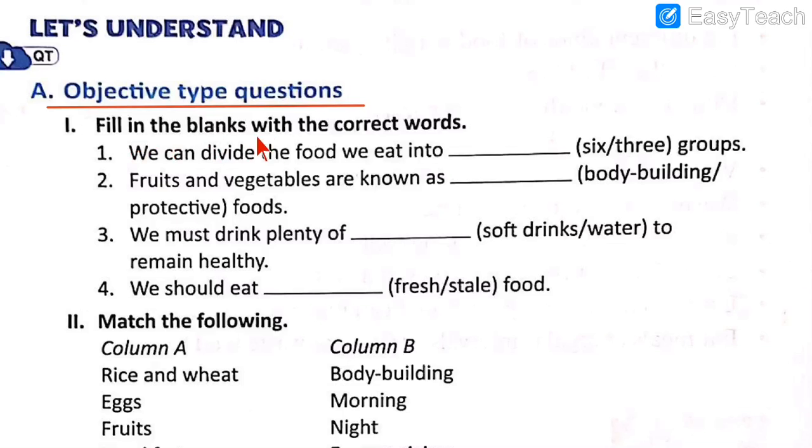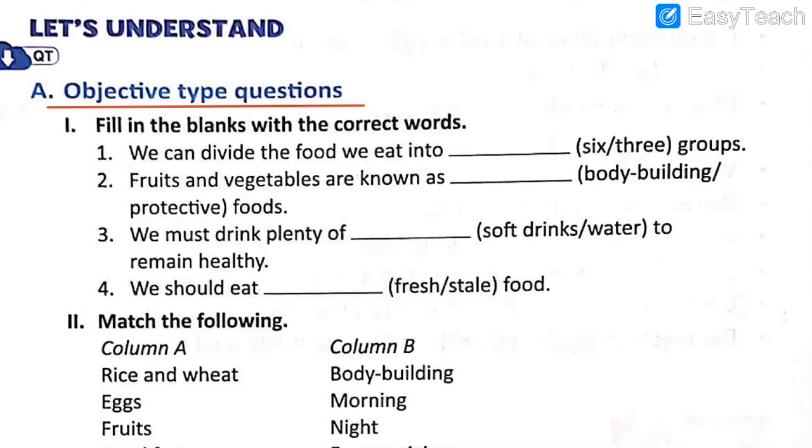Number 1, fill in the blanks with the correct words. Number 1, we can divide the food we eat into dash groups. Into how many groups can we divide our food? So we can divide our food into 3 groups, not 6.